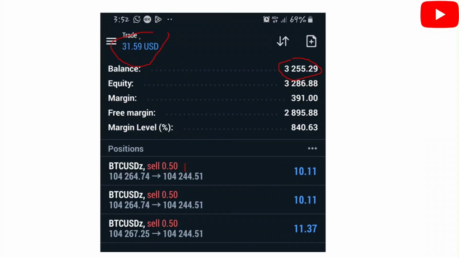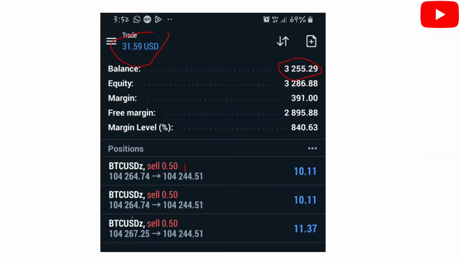So the equity is our running profit or running loss, because you can still be in loss if you take the balance minus 31.59. That will be your equity. Whereas for now, we are in profit: take 3,255 plus 31.59, and it will give us 3,286.88.